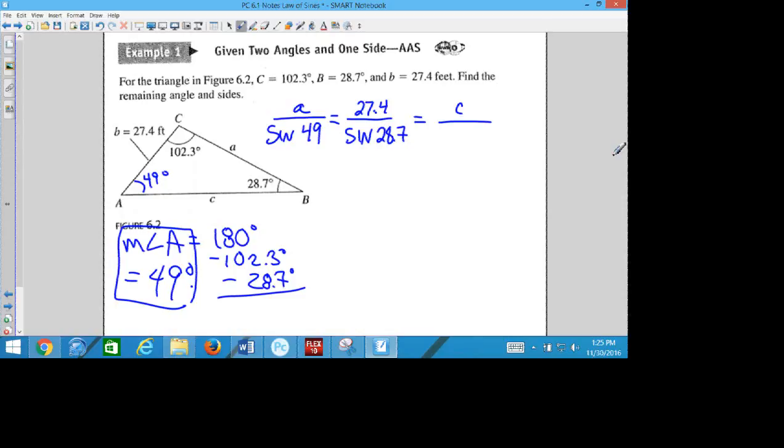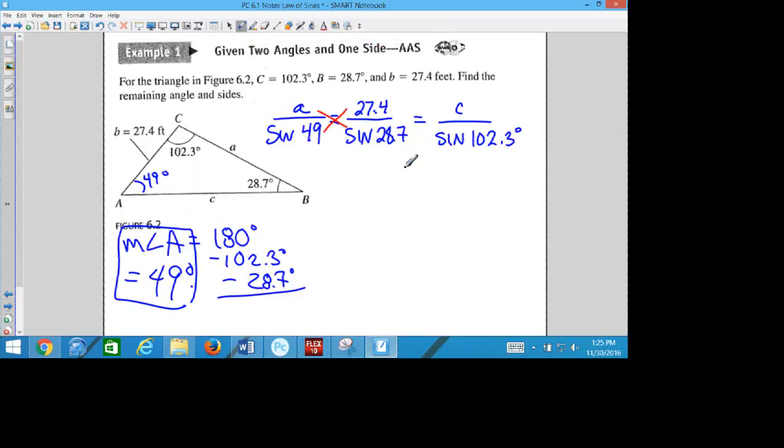We put that over sine of angle C. Now you just have to cross multiply wherever you can to solve for the missing information. So how can I solve for lowercase a? I can cross multiply a over sine 49 with which other fraction? B or C? B, because I have both pieces filled in already.